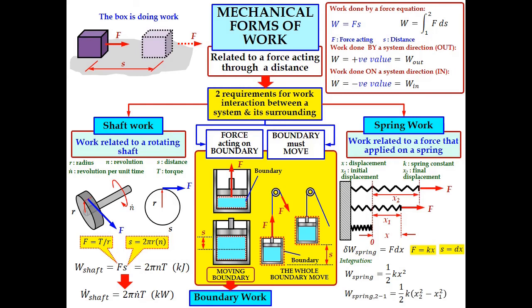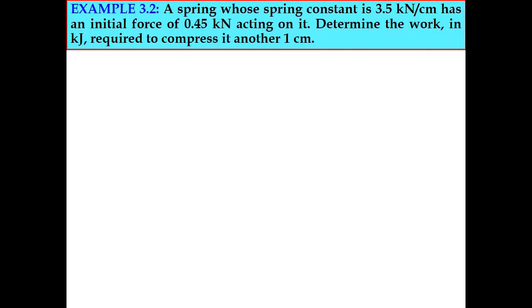The equation for W spring from state 1 to state 2 is half multiplied by K multiplied by bracket x2 squared minus x1 squared. So these are the important mechanical forms of work involved in chapter 3.